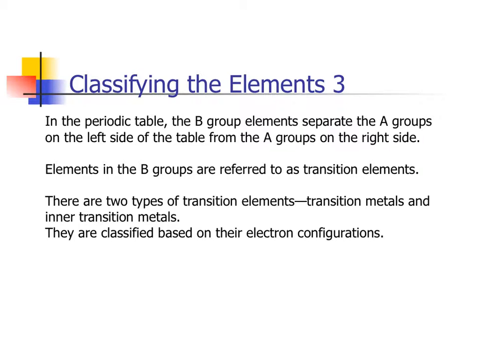You have the transition metals, and then you have the inner transition metals. Those are on the bottom of your periodic table, and are called the F block. We did not do any of the electron configurations of the F block, but they are there, so we do need to make sure that we at least acknowledge them.